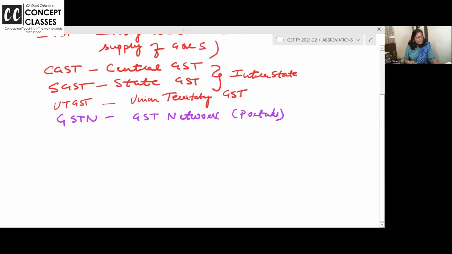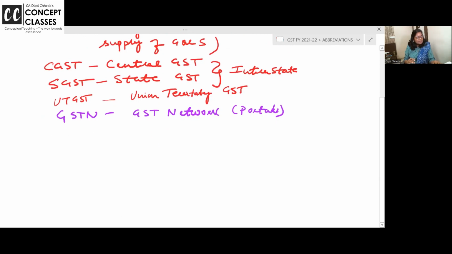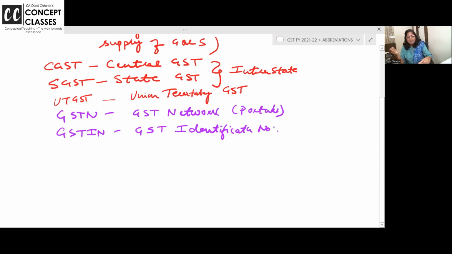And with the GSTN, let us add one more term, GSTIN. Write this also. I told you, next time you go to supermarkets, malls and all, take an invoice, and on their invoice their registration number will be written, 15 digits, whatever it is. That is GSTIN, Goods and Service Tax Identification Number. You know, as we have our PAN card number, which is a unique number, like that we have this.